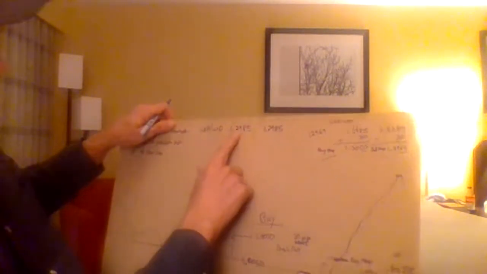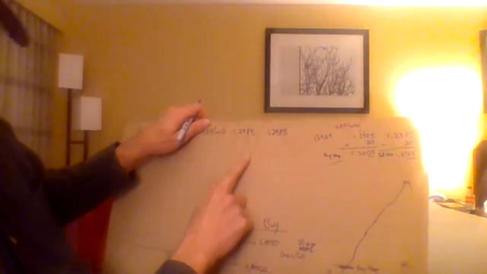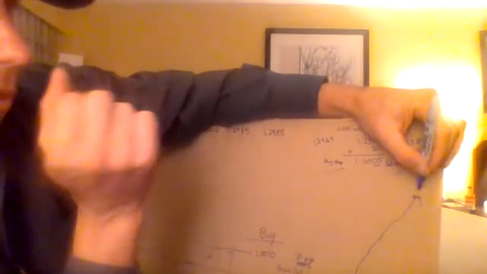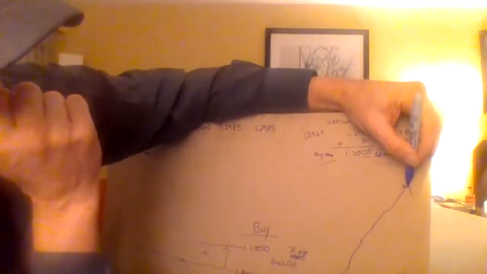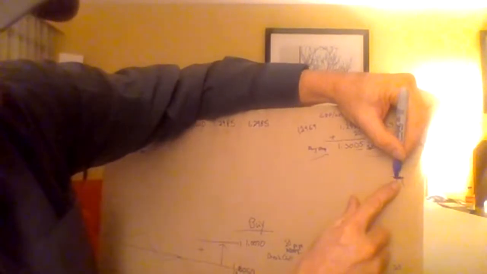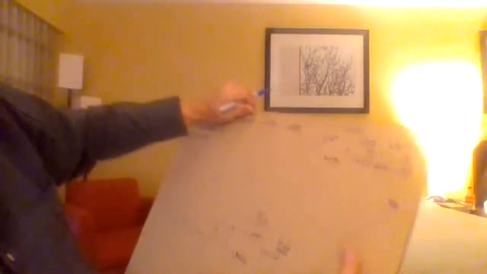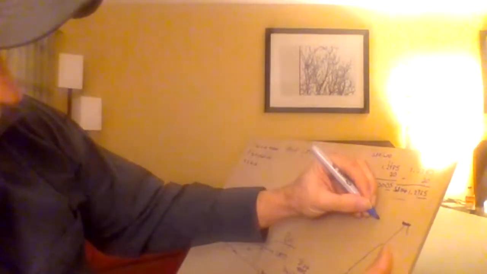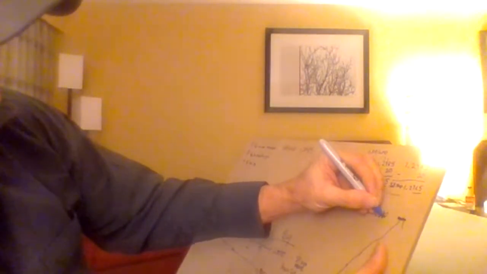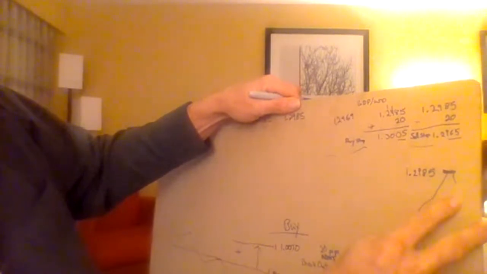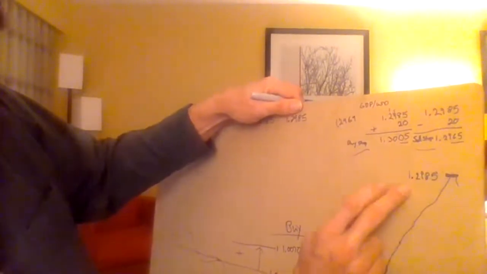If I wanted to set a stop loss at 30 pips, or set a sell stop order, a sell stop would mean, here it is right now at 1.2985. I'm thinking this is going to go down, so I want to make sure it goes down far enough before I get in a trade.